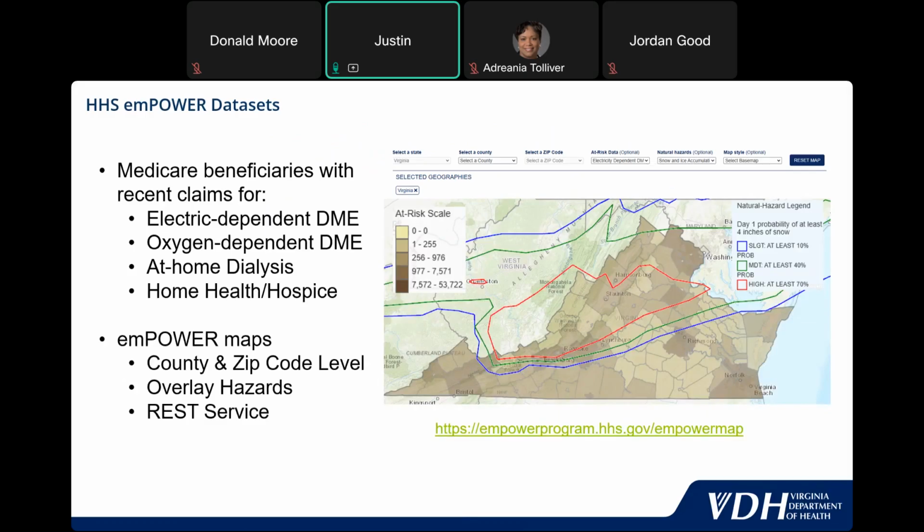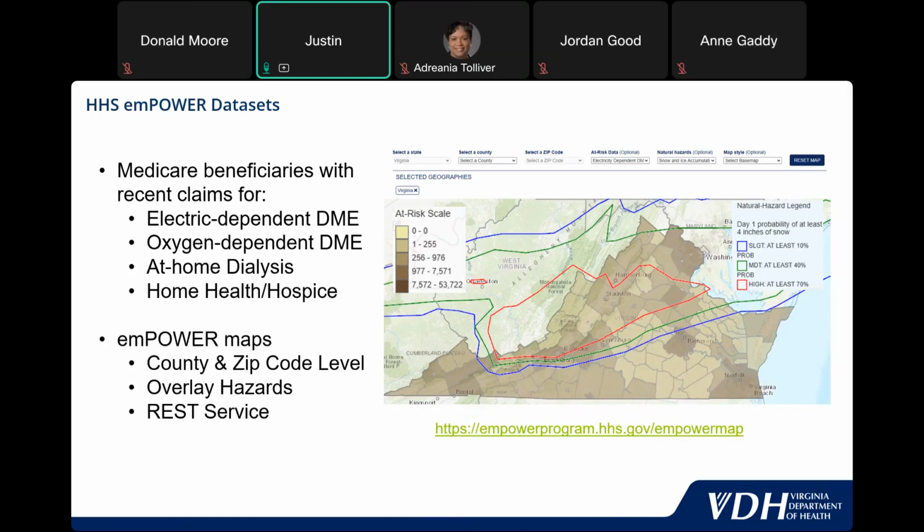These are recent claims made within the past few months, and the HHS team provides this data at a variety of levels. They have public data sets at the county and zip code level, and during a disaster, they can also provide us with individual lists of folks, which I'll talk about a little bit later.